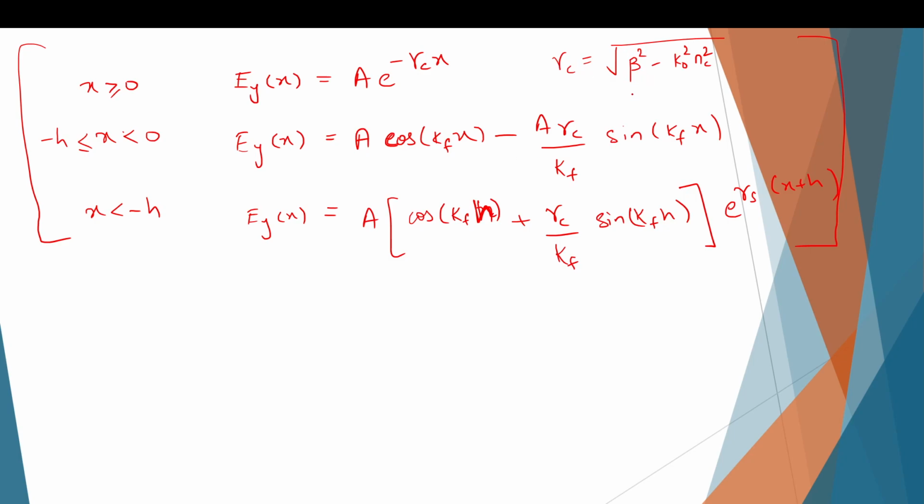If we know beta, we can get to know what all these gammas are, gamma c or gamma s, and if I know beta, I can also know kappa f. So I'll just write down those equations. So one is gamma c is this. Another one, gamma s will also be root of beta square minus k naught square n s square.